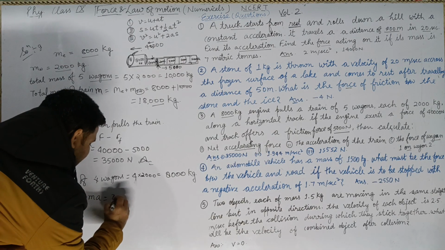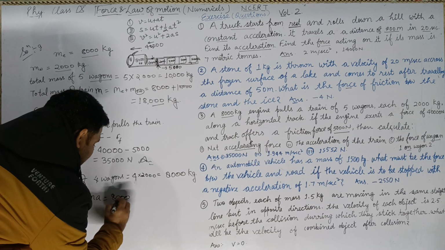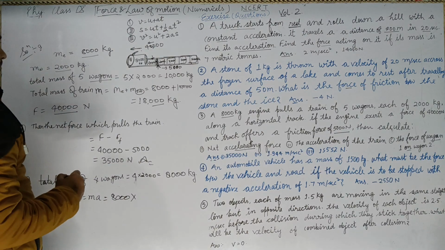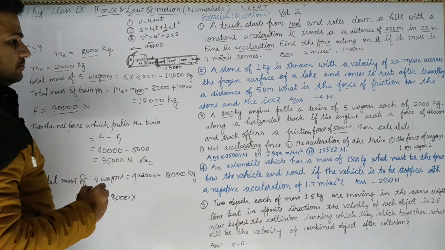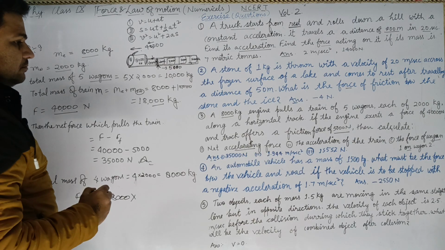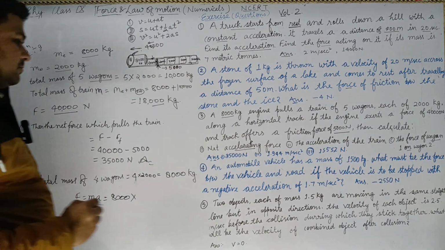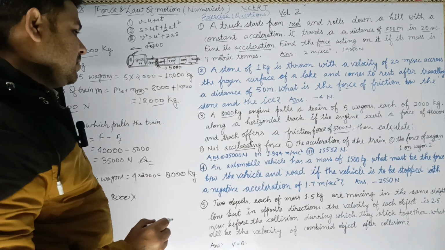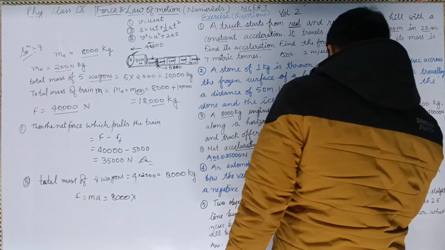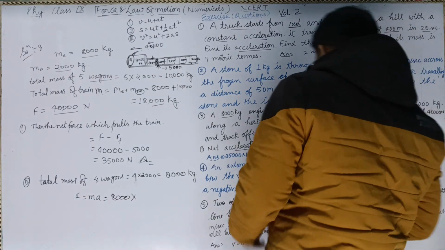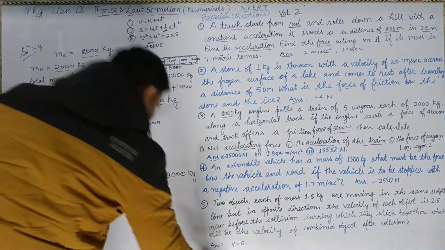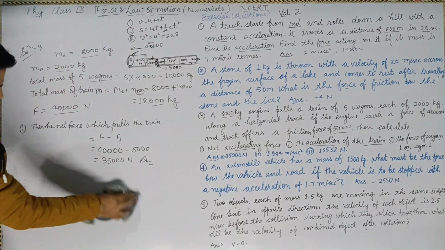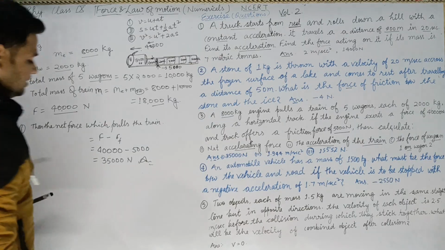Mass is 8,000 and acceleration is the acceleration of the train. We have to find the acceleration of the train. First, we find the acceleration.